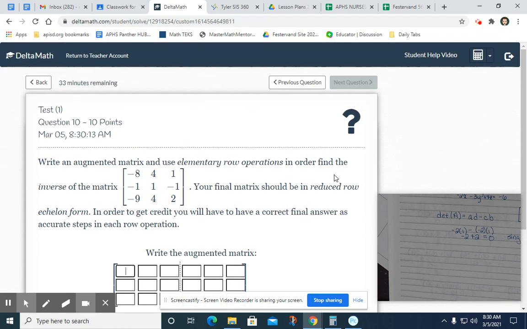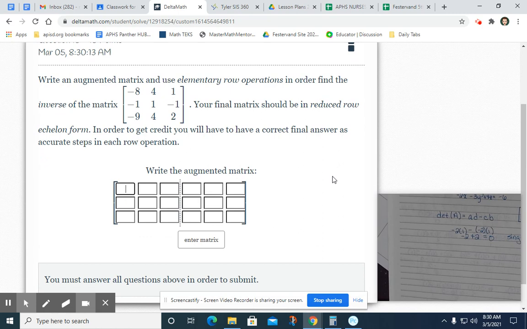Question 10 is going to be the one that takes the longest. So the first thing we're going to do is write our augmented matrix. Our given matrix goes on the left: negative 8, 4, 1, negative 1, 1.